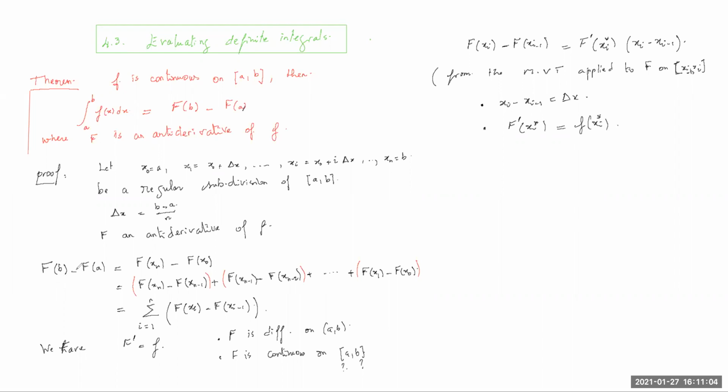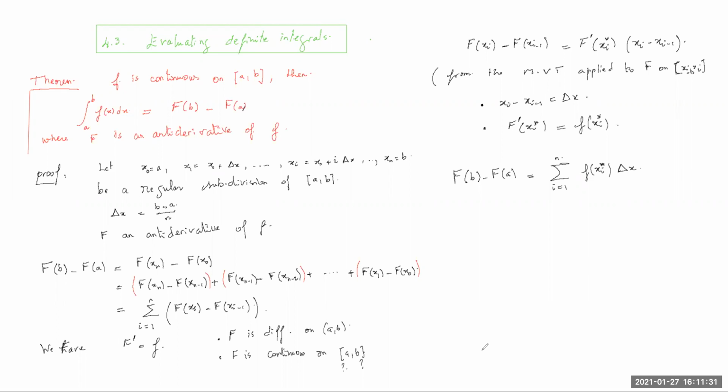Then let's come back to our expression F(b) minus F(a). We said it's the sum, i from 1 to n, of this difference, but this difference is f(x_i star) times delta x.